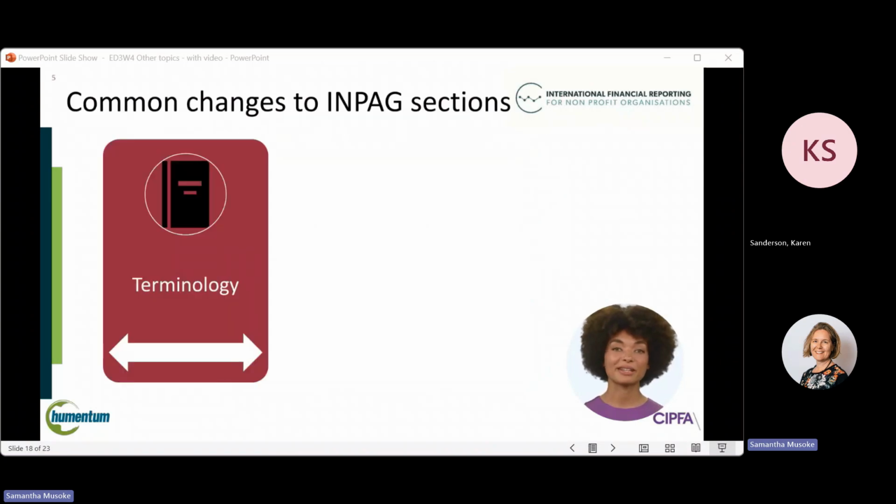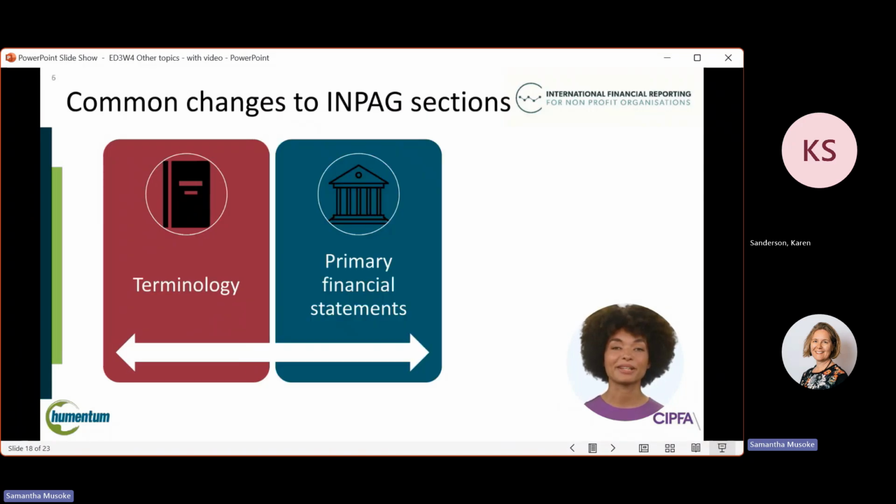To ensure consistency, we've implemented common editorial changes across all sections. Firstly, INPAG includes terminology changes to use terms that are more specific to nonprofit organizations, or NPOs. For example, the word entity is replaced with NPO, and the term profit or loss is replaced with surplus or deficit. Secondly, the names of some primary financial statements have been changed.